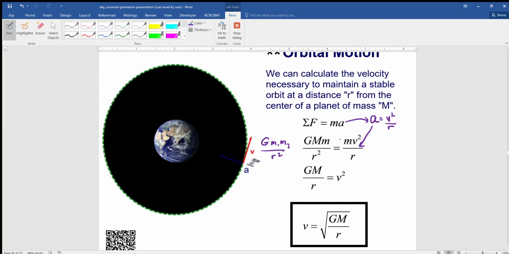But in this case, we're just talking about, that was a Freudian slip, we're talking about the mass of the object. So if I were to multiply each side by 1 radius, what this does is it gives me just a radius.